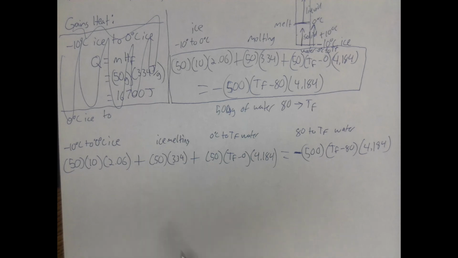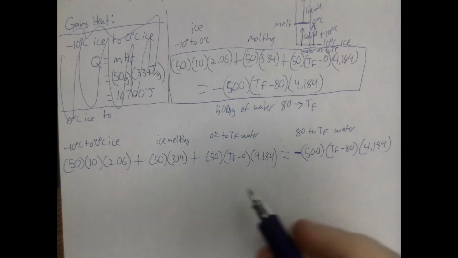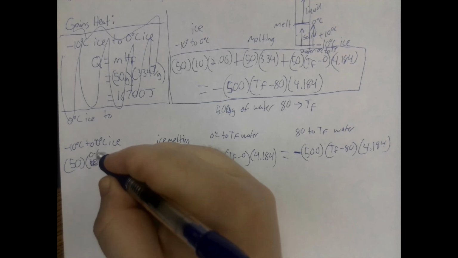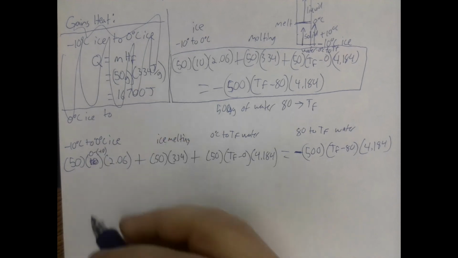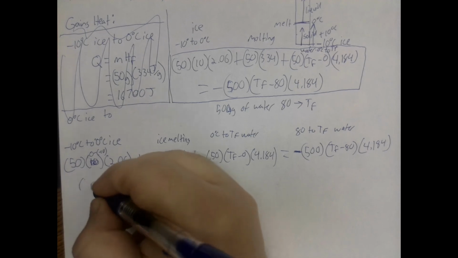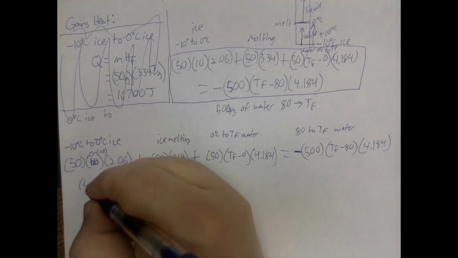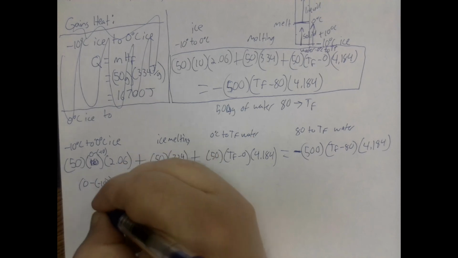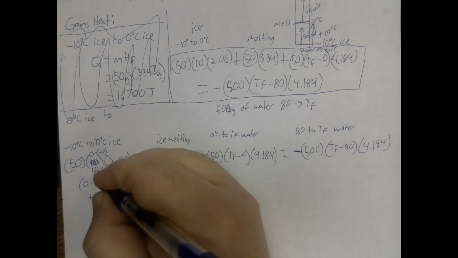HF is 334. And I could have put in here actually 0 minus negative 10. So let me write it. So our delta T was our final was 0. Our initial was negative 10. So that's equal to a positive 10 right here. Reason why I had 10 here.